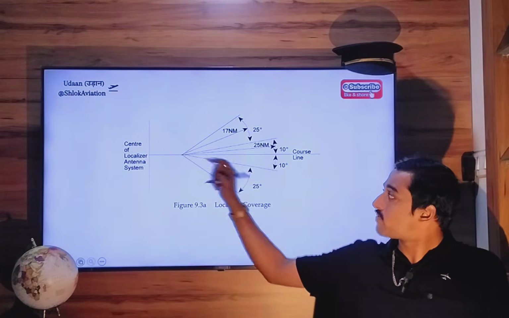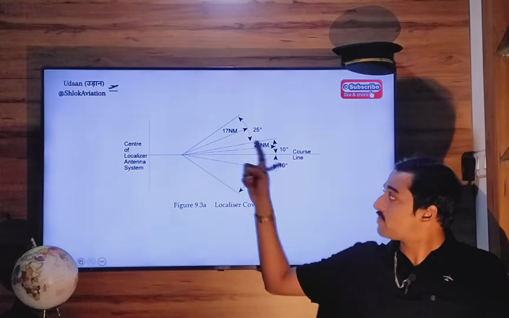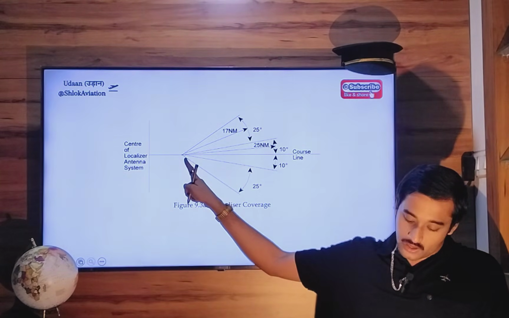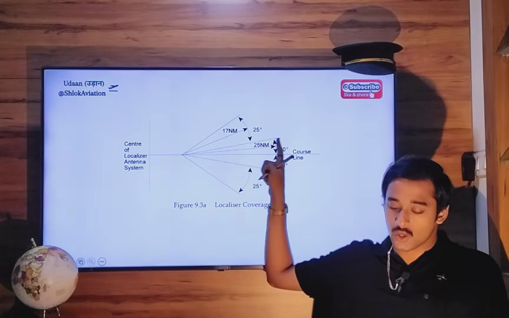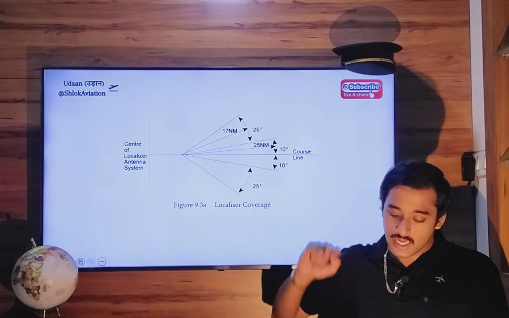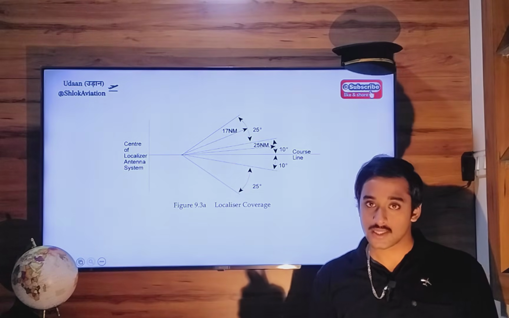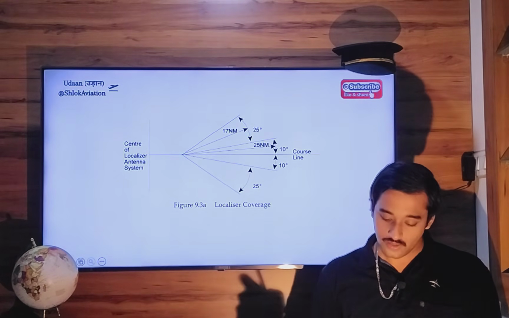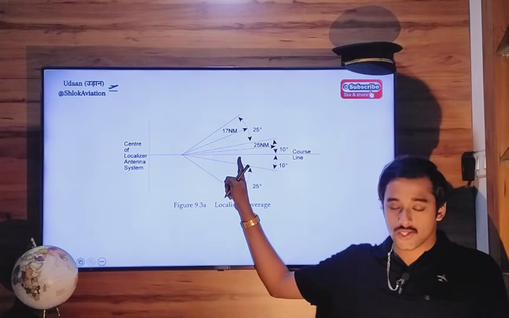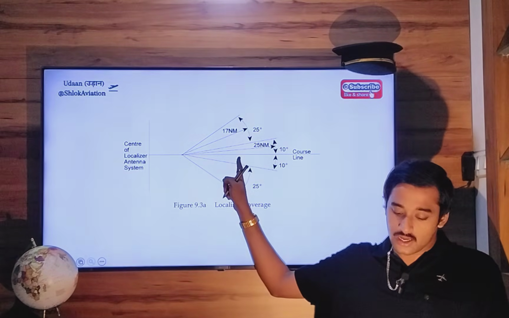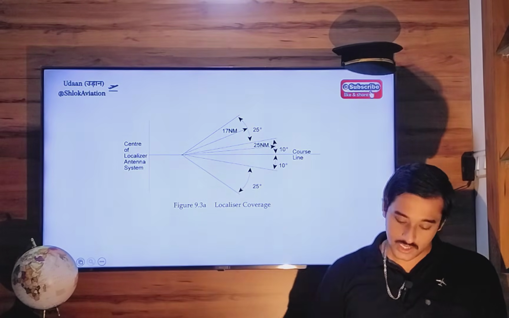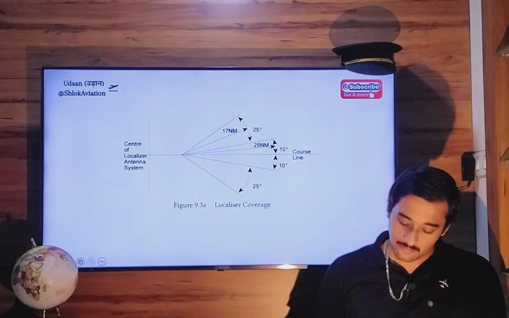Beginning from there, your localizer coverage extends to a distance of 25 nautical miles, 10 degrees either side of the course. Then, if the distance is 17 nautical miles, the angular coverage is 35 degrees on either side of the course. So you will select the appropriate option.